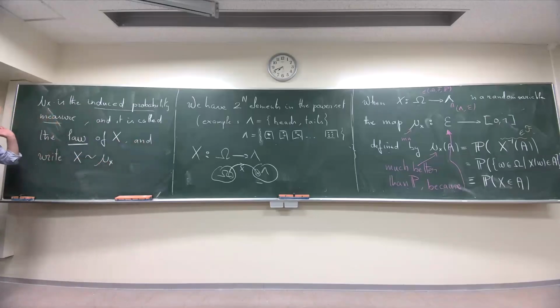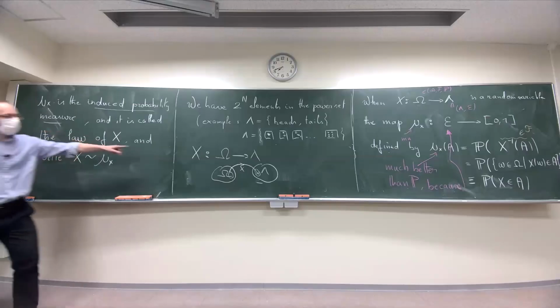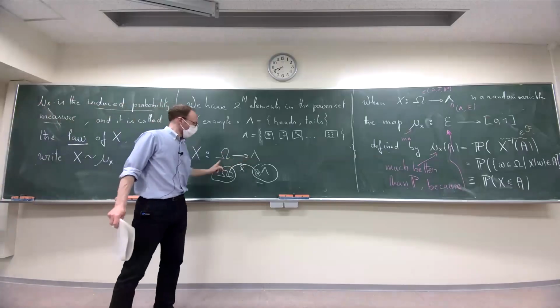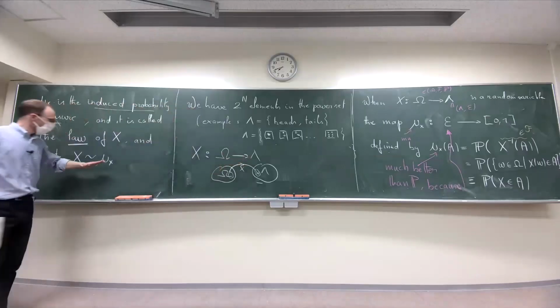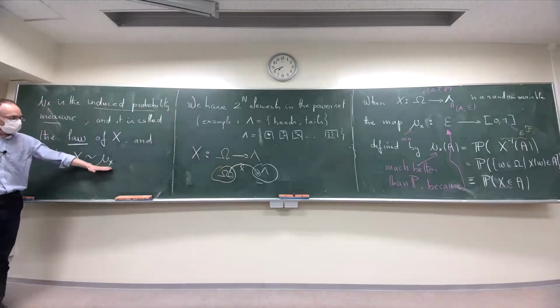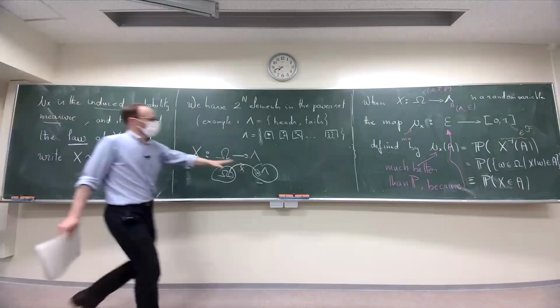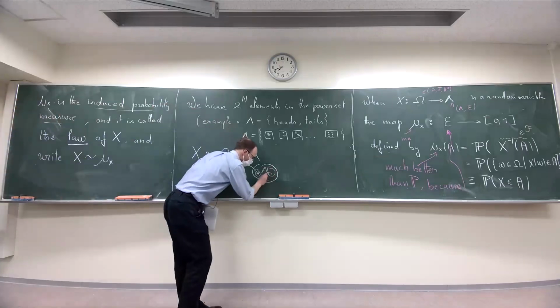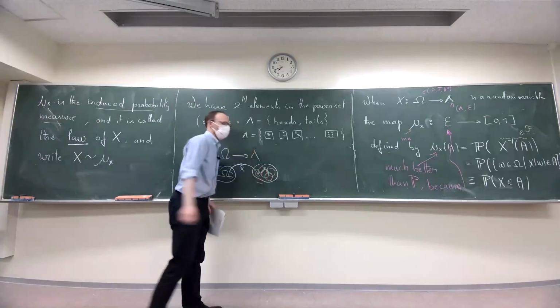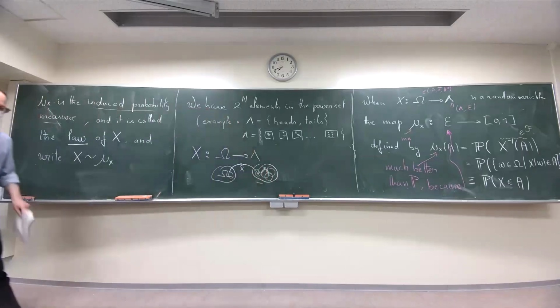We had a probability space. X is a function from the probability space to lambda, and now this is a function defined on the subset of lambda with value in 0, 1.